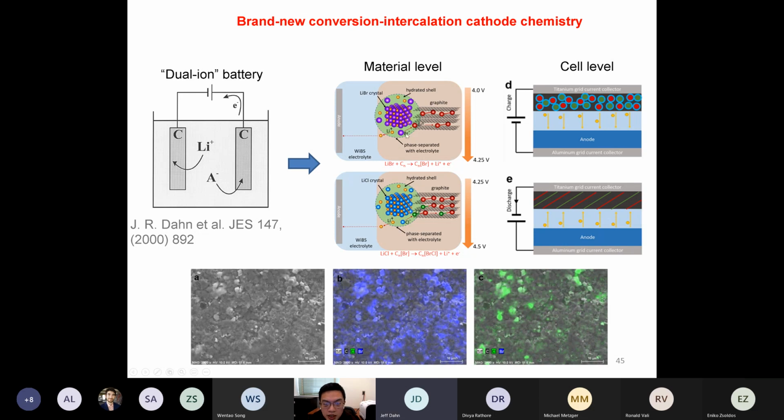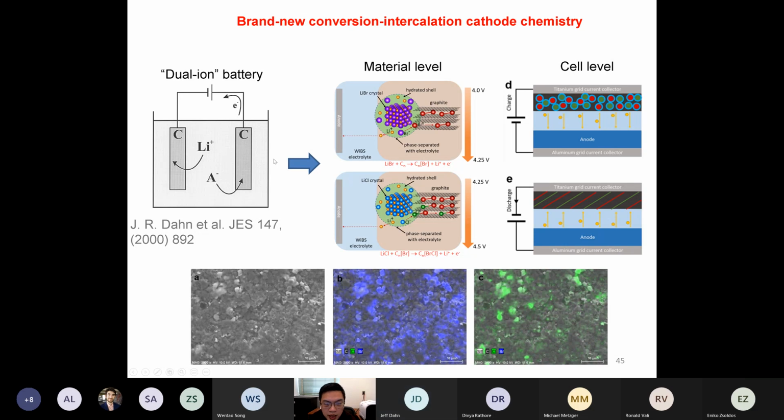Here, you also see these kinds of anions being intercalated into the graphite at the cathode. So people will think, oh, maybe it's the same as hybrid batteries or dual-ion batteries, but it's not, because in this kind of battery, the cation is already dissolved in the electrolyte.